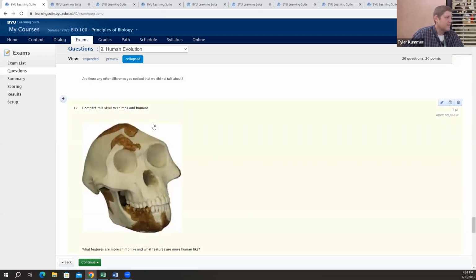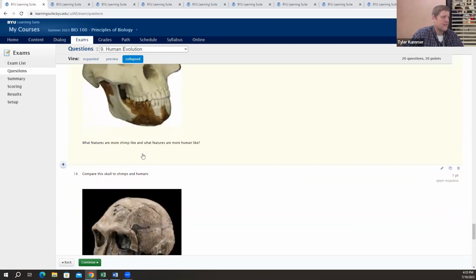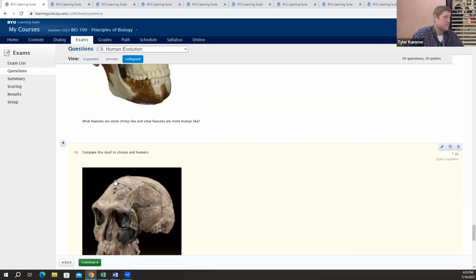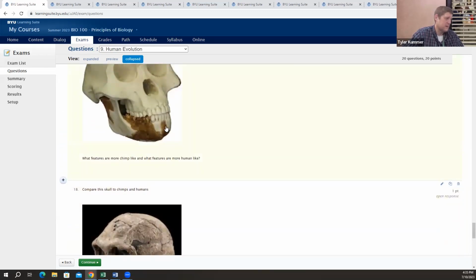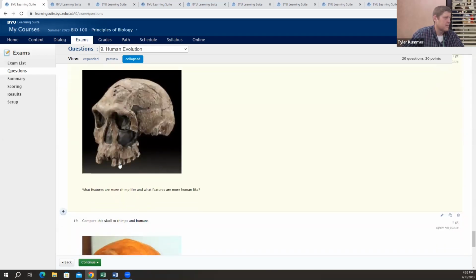Well, when we look at this guy, right? No nasal bone, fairly good brow ridges there. Look, no canine teeth though, right? Not much of a chin. So this guy has a lot of chimp-like features, but also some human-like features. It helps us understand that missing link component, right? Brow ridge, no nasal bone. Look at that, muzzle's basically gone. This guy still has quite a bit of a muzzle there. This guy has no muzzle, no nasal bone. The canines are reduced, larger brain case, but not as big as a modern human would be.